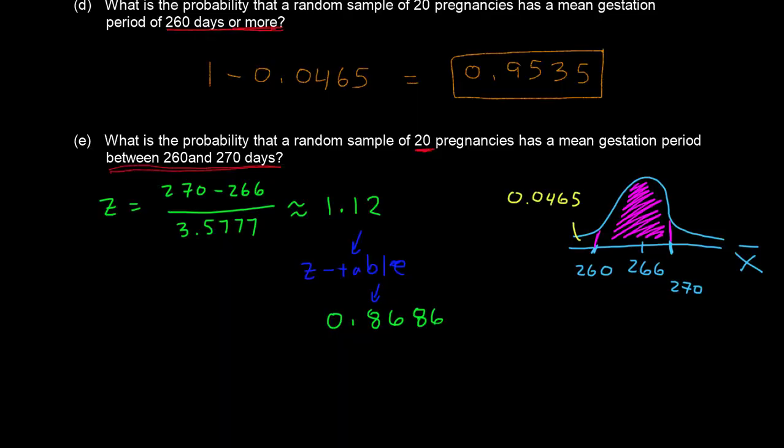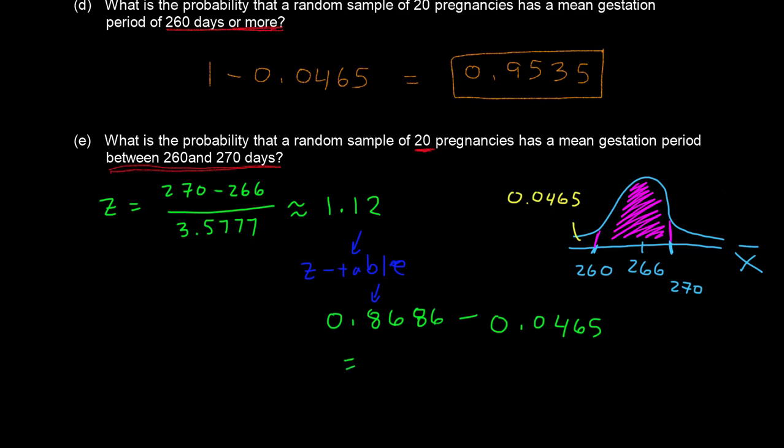But that is the area to the left of 270. So we want a fair portion of that region. However, the portion we do not want is the probability to the left of 260 days. So we need to subtract those two probabilities from each other.